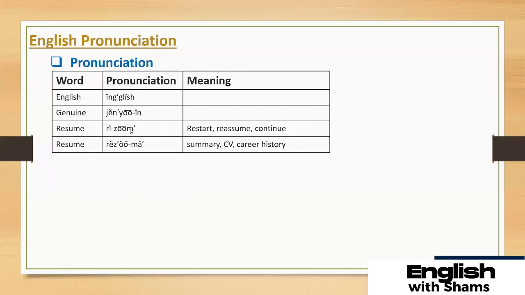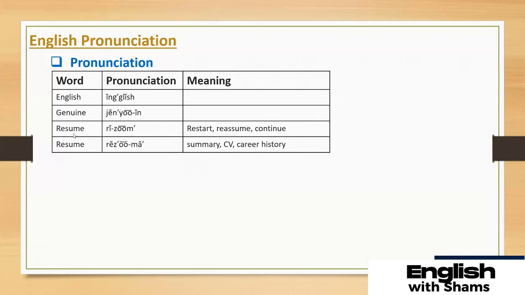Resume means something which is restart, reassume, continue. For example, let's say the cricket match was stopped due to rain. Now, as soon as the rain stopped, the cricket match again resumed, meaning restarted. Resume, meaning biodata or CV, which is used to apply for a job.